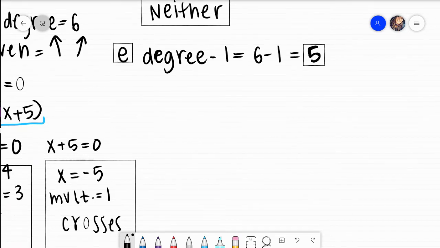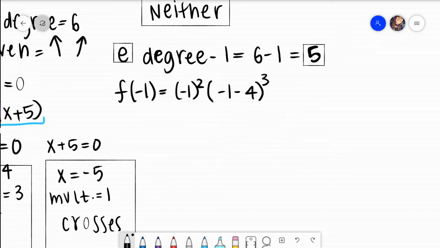So first, let's plug in my f of -1. What I would get here is -1 squared, then multiply that by -1, -4 cubed, multiply that by -1, plus 5 raised to the 5th power.